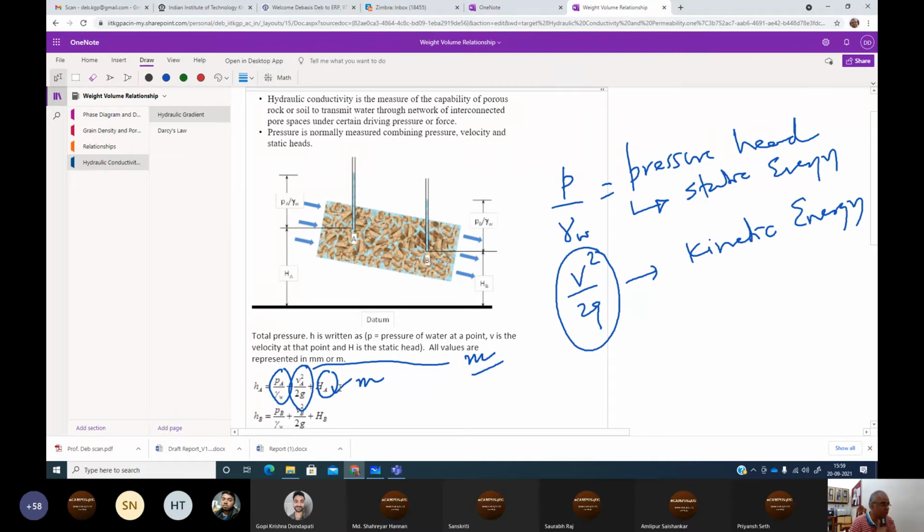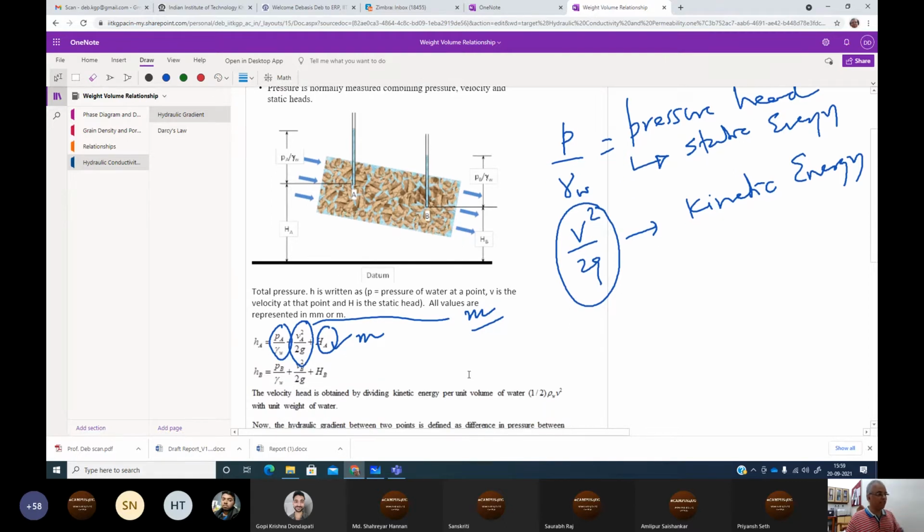That's why in the formula we have written H, so that these three combined give me the HA and HB. Is that clear? It is not a single term, not only pressure, not only due to the elevation difference.